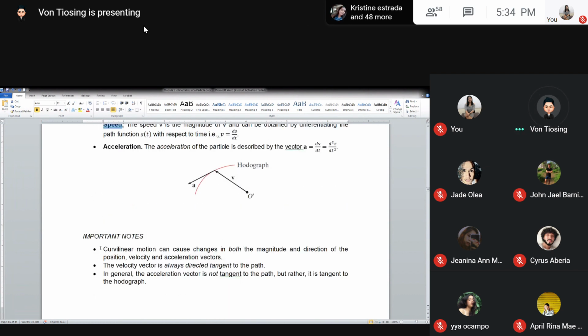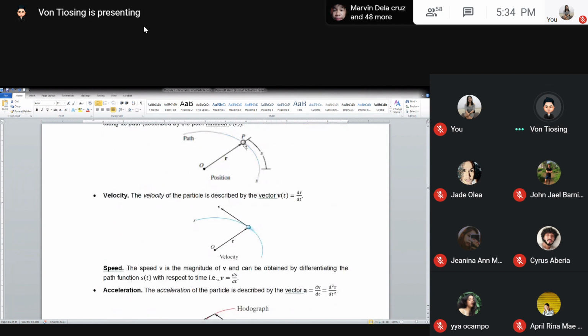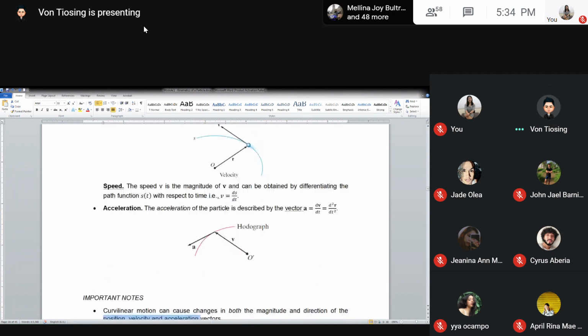So we have important notes here that curvilinear motion can cause changes in both the magnitude and direction of the position, velocity, and acceleration vectors. Kasi nga, nagbabago yan. Katulad nito, pag gumalaw siya rito, iba na yung direction niya.